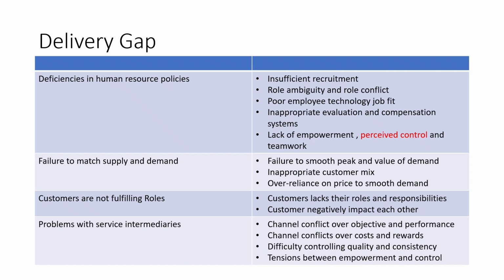But there's also an issue of role ambiguity or role conflict. Employees are not sure about their duties, responsibilities, or performance expectations, and so there's confusion. And sometimes they face conflicting demands, for example, trying to follow company rules while also trying to satisfy customers. So this creates stress, and it definitely reduces service quality.